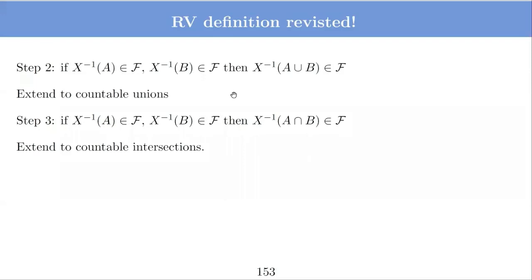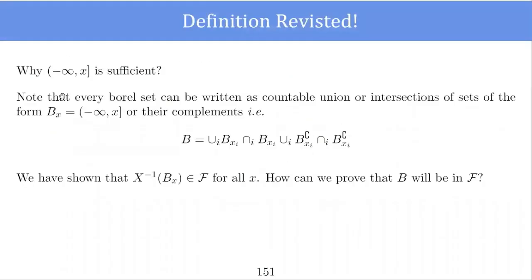Okay, so from these three results, you can see that if Bx is in the sigma algebra, then its complement will also be in the sigma algebra. All countable unions or intersections of these complements and the sets of the Bx form will also be in the sigma algebra. Okay, and we have already proved that Bx belongs to the sigma algebra. And then once we know that, we know that all such sets will also be in the sigma algebra.